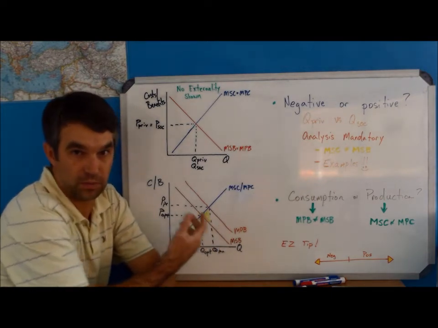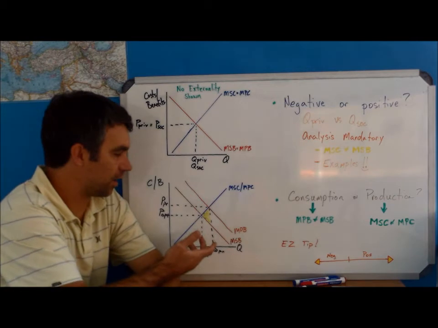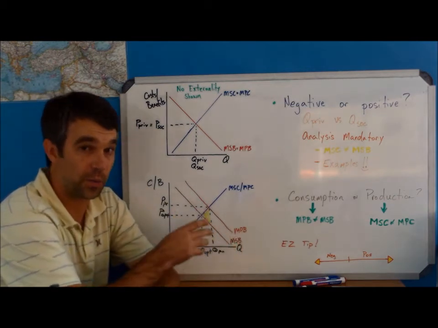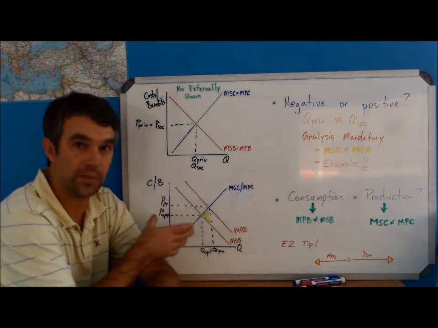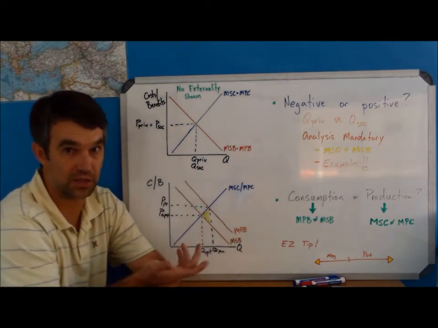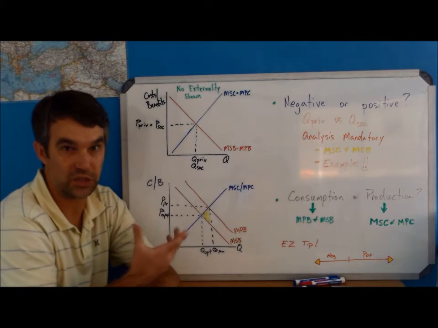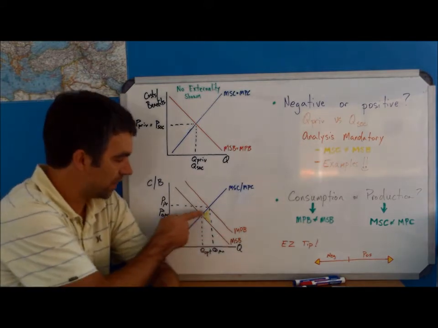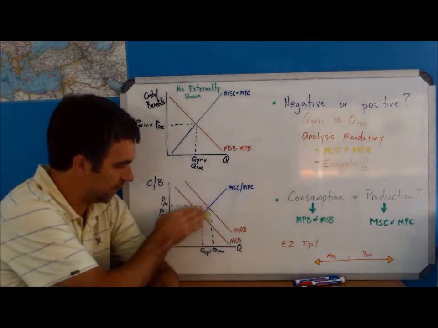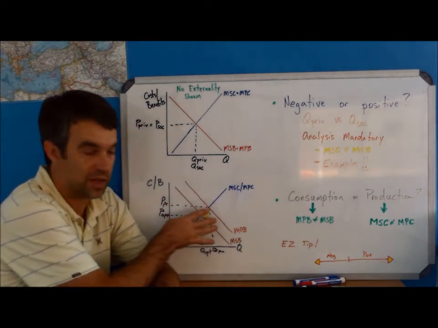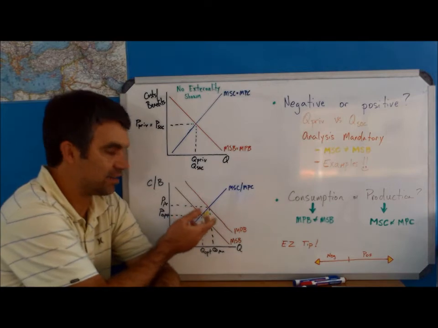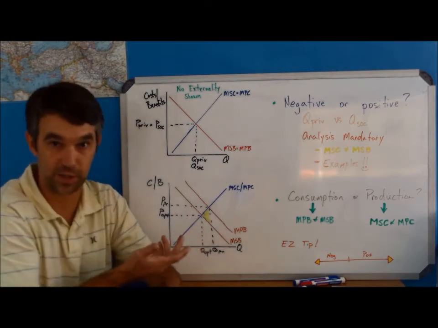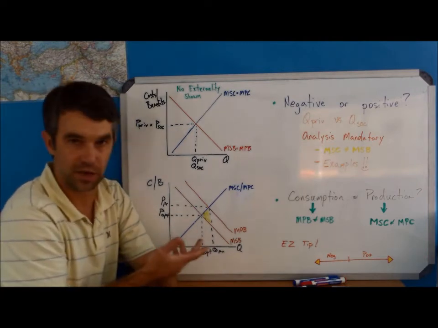When they think about buying a stereo, they're thinking about what is their benefit versus what is their cost. What they're probably not thinking about are their neighbors who, every time they listen to their stereo, are going to enjoy living in their apartment a little bit less. So, because society's benefit is below the private benefit, we can say that this is a negative externality of consumption, and the consumption is of an expensive or loud stereo system.